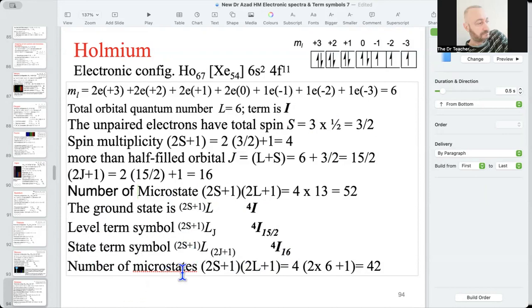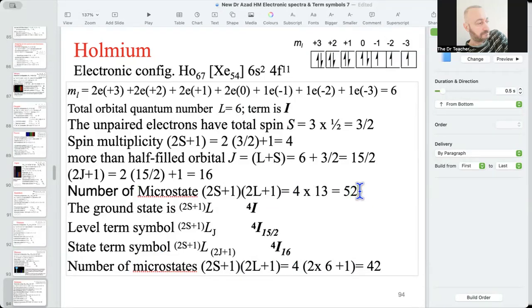Number of microstates: sorry, I repeated it. 4 times 13 is 52.